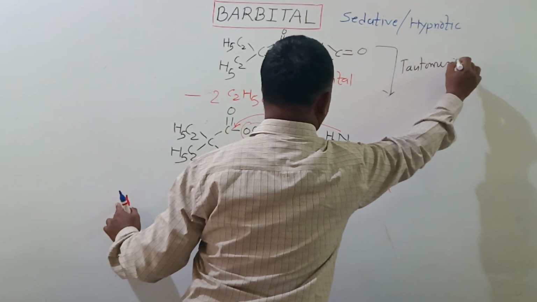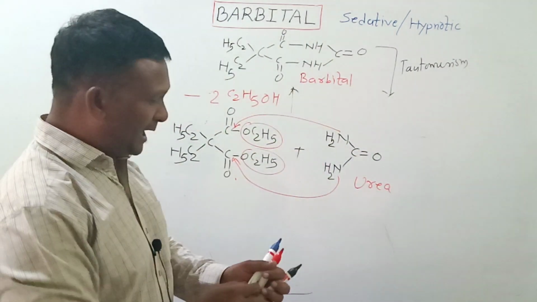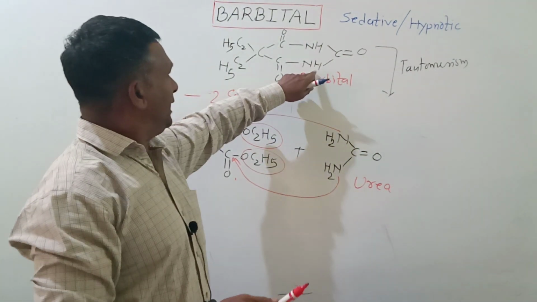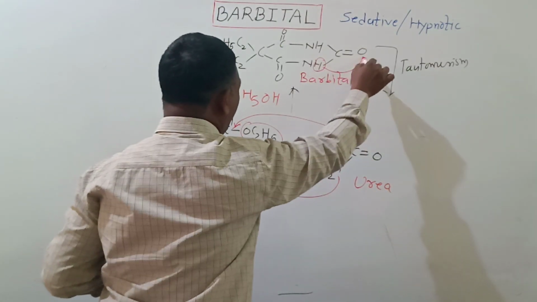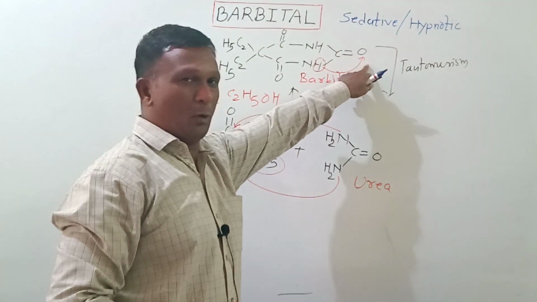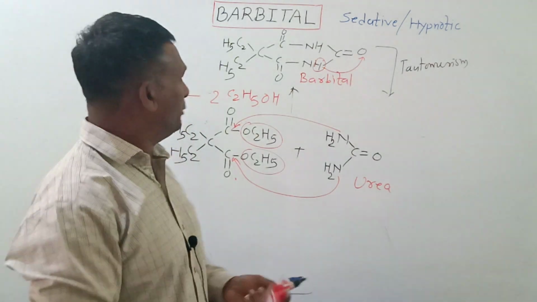Now we can see that the hydrogen on this nitrogen may migrate to this oxygen to give us a tautomeric product.